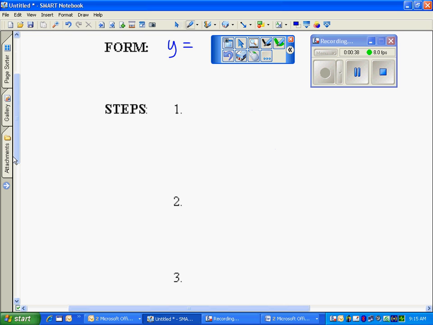The steps for this: first, you're going to replace or substitute one equation into another equation. Doing this will provide only one variable to solve for.